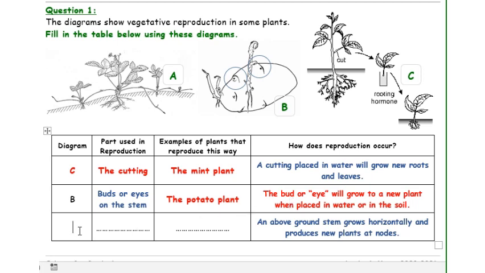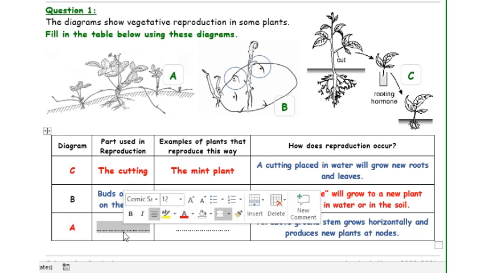We still have the last one, so I'll directly write aim here. We're talking about the last diagram showing, I think, a strawberry plant. So which part is used in the reproduction of this plant?